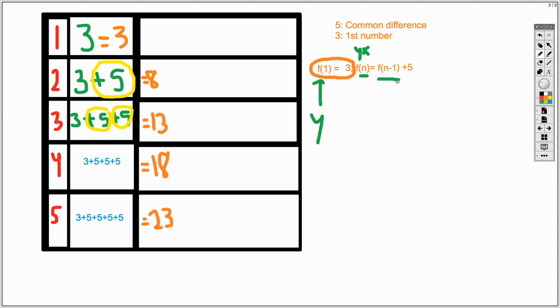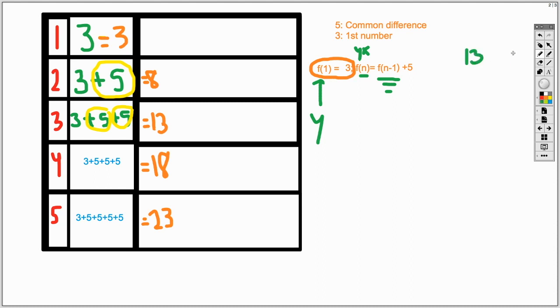Now this part is the thing that confuses many people: F of N minus 1. Suppose we want to find the second number. If we ignore this and just multiply 2 times 5, that gives me 10, and we plug in the 3.